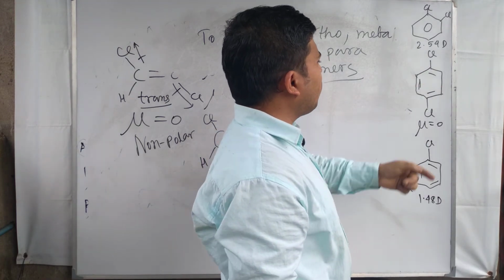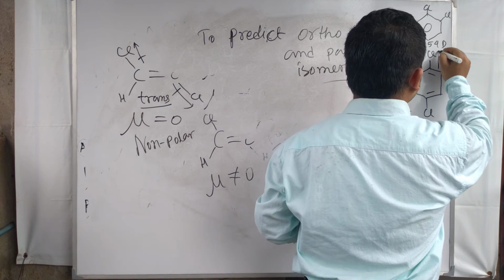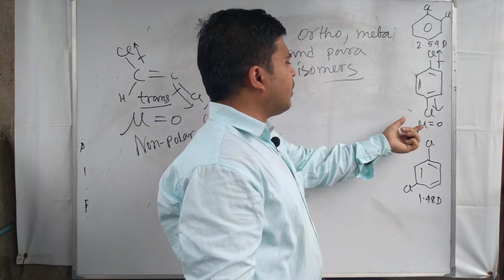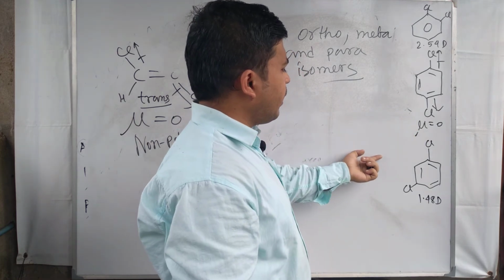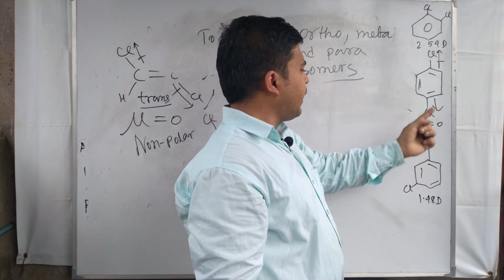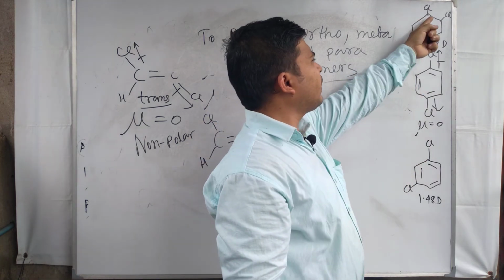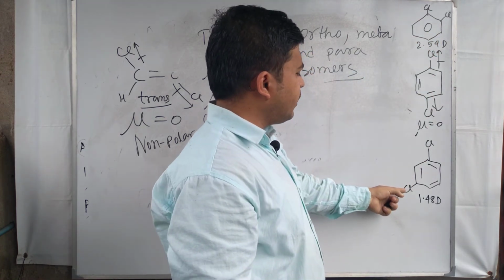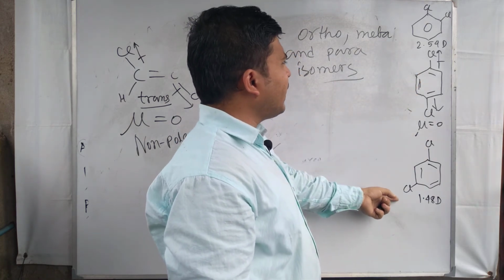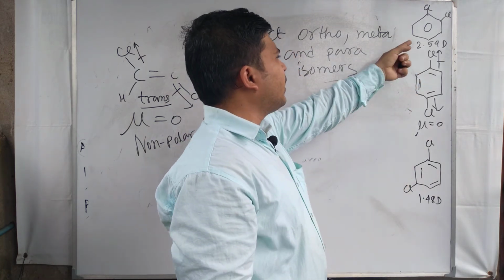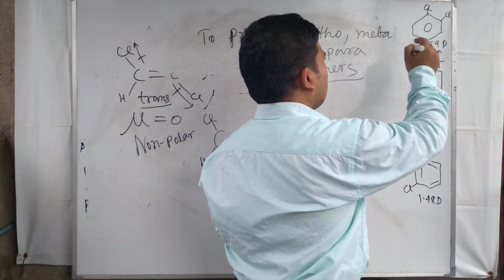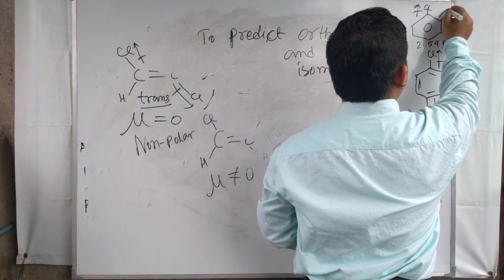So para dichlorobenzene, due to its symmetrical nature, has a dipole moment of 0, whereas here the angle is 120 degree, here the angle is 60 degree and here the angle is 120 degree. With decrease of the angle, the dipole moment increases. Here the dipole moment direction should be like this.